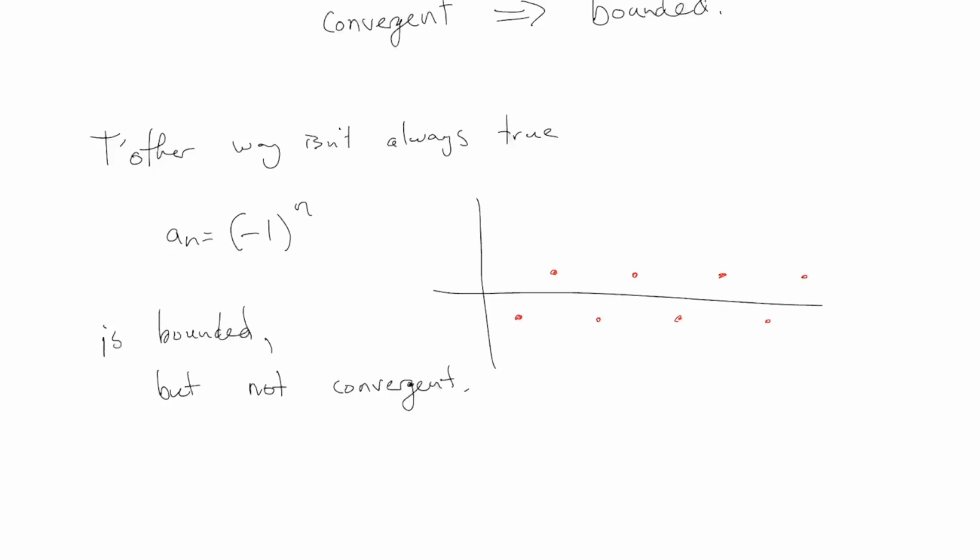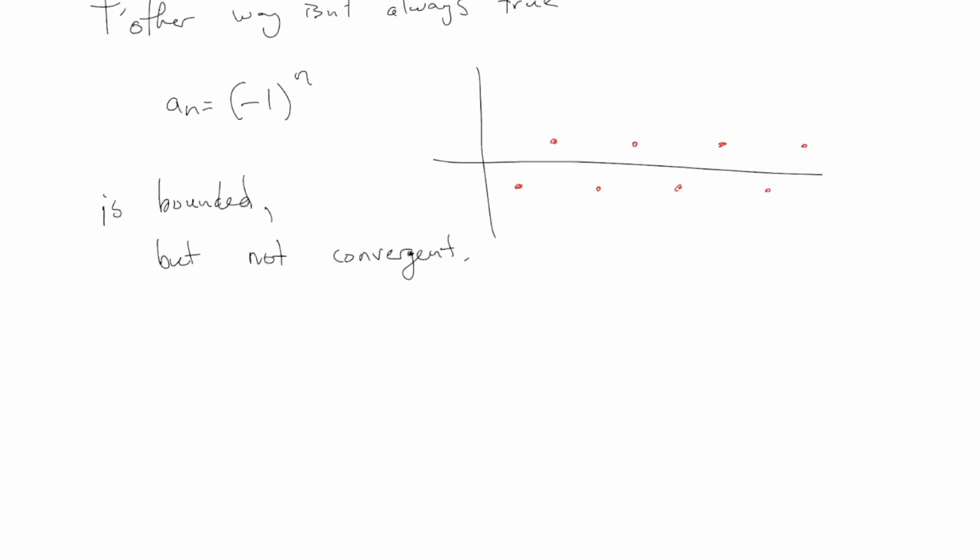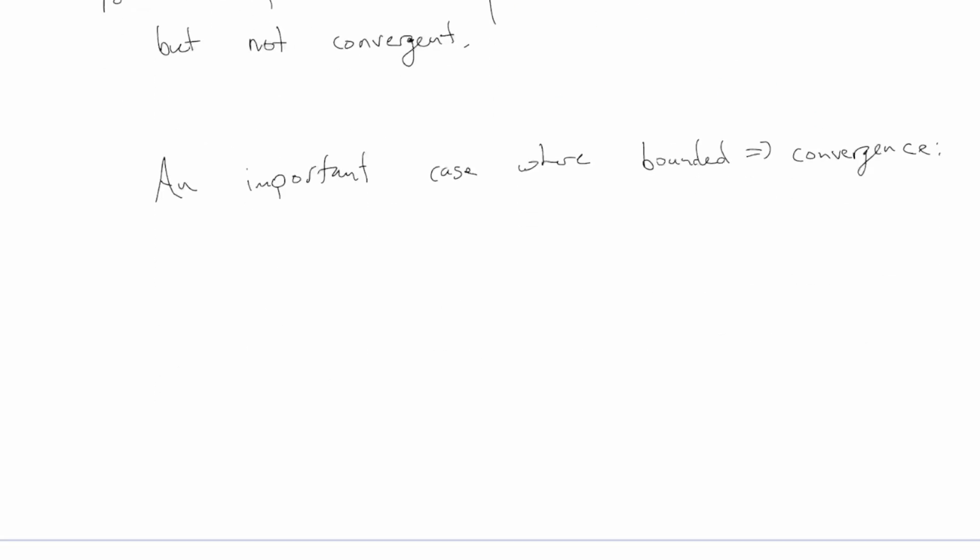There is an important theorem about these things. I'm going to say, this is an important case where bounded actually does imply convergence. So it's not always true, but there is one important situation in which, if you know that it's bounded, then it will converge, and that is for monotone sequences. Check it out. I'm going to write this down as a theorem, and this is a big and important theorem.